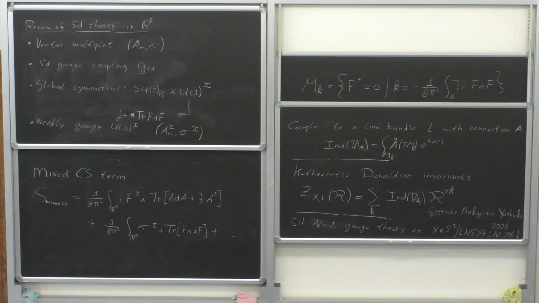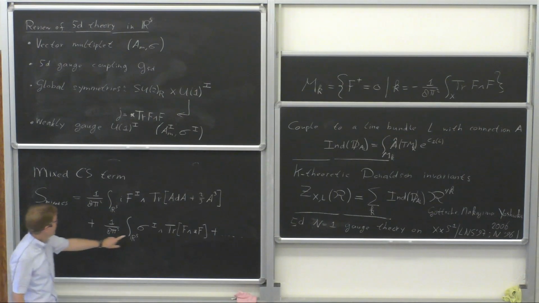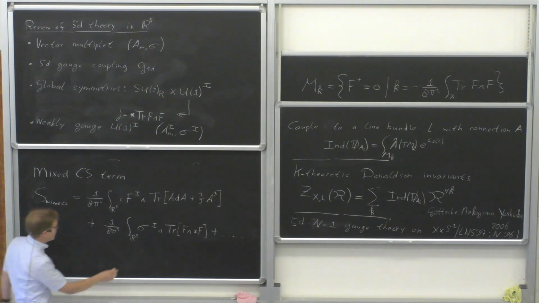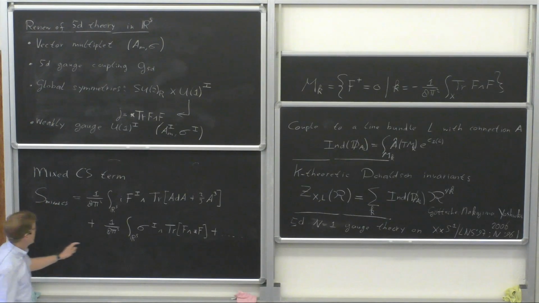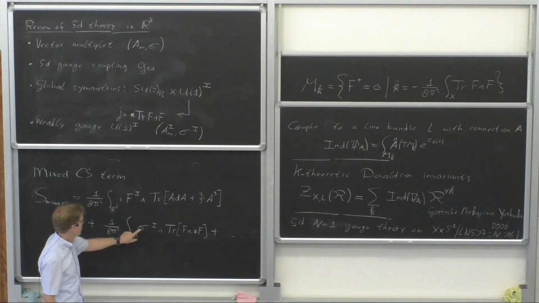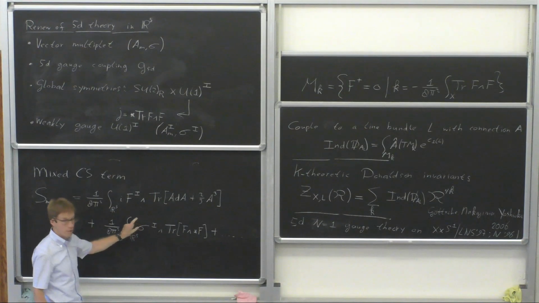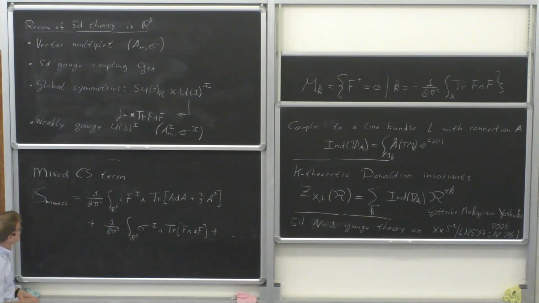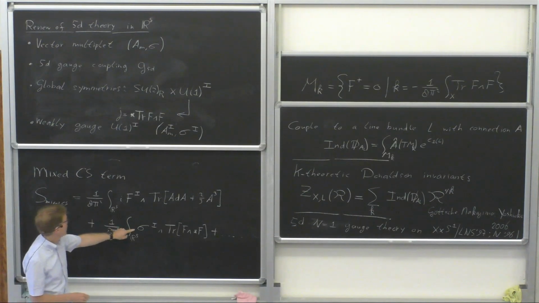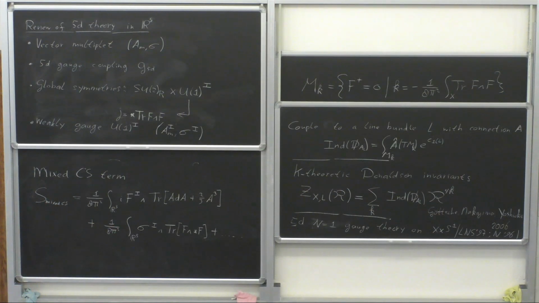So one thing which is intriguing is that here we have the kinetic term of the gauge field. So we can set sigma^I to express it in terms of the 5D gauge coupling, and then you can precisely get the standard kinetic terms of the vector multiplet out of this mixed Chern-Simons term.